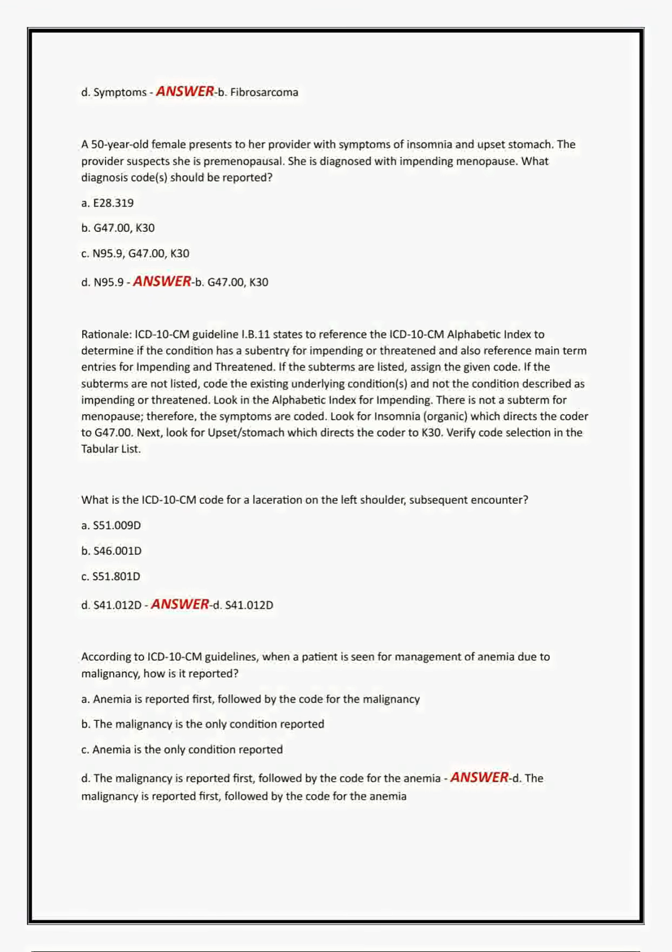Look in the alphabetic index for impending. There is not a subterm for menopause. Therefore, the symptoms are coded. Look for insomnia, organic, which directs the coder to G47.00. Next, look for upset, stomach, which directs the coder to K30. Verify code selection in the tabular list.